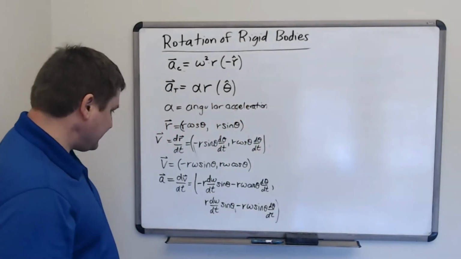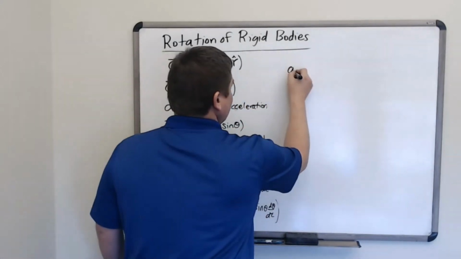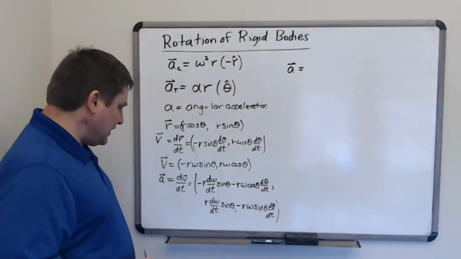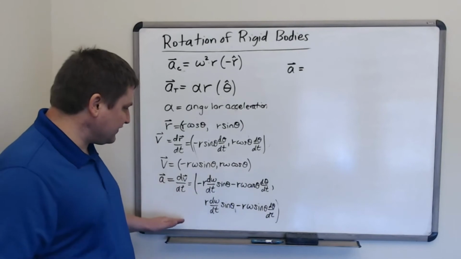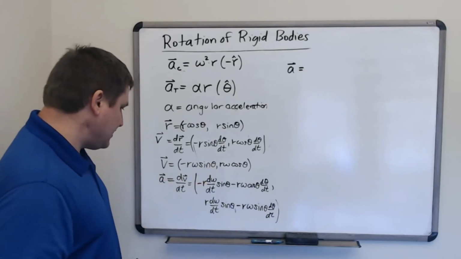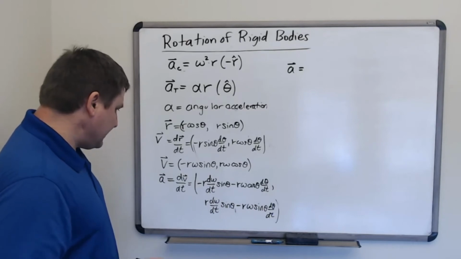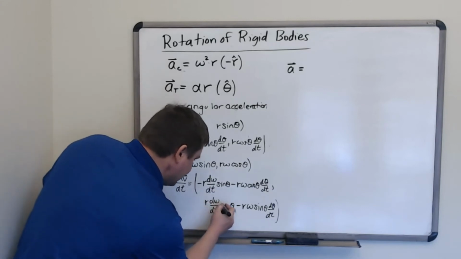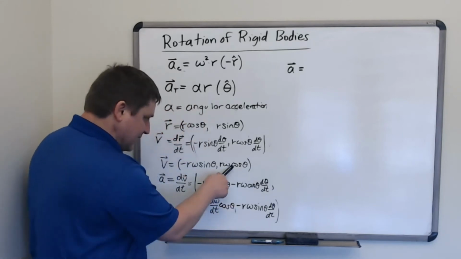And let's just simplify this a little bit, write it a little bit larger. So there's one contribution here which is proportional to the rate of change of omega. Let's separate those out. Excuse me, this should be cosine because that was cosine there.